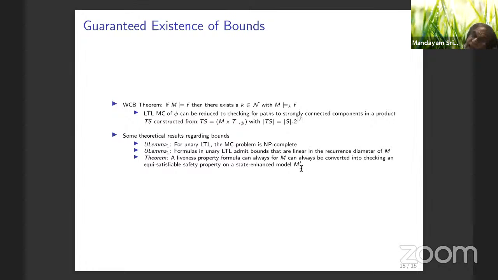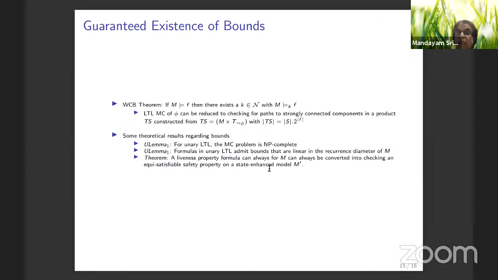It is the diameter of M prime, but certainly the recurrence diameter is also an upper bound. Therefore, the recurrence diameter on this enhanced transition system, M prime, can then be used as a bound. So that's another approach that you could use as well.